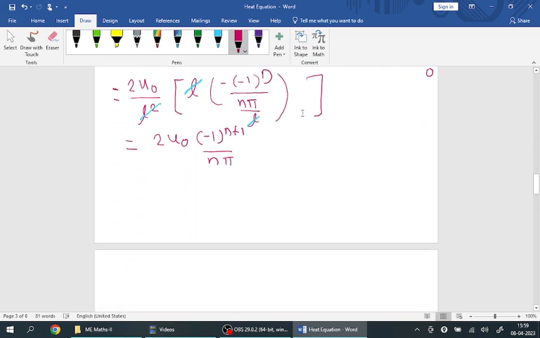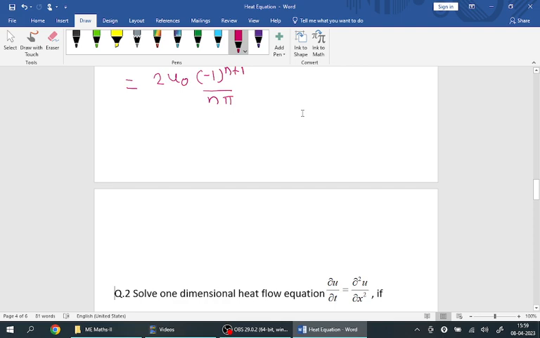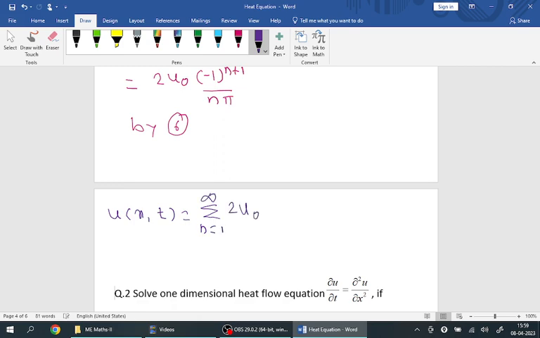By 6, u of x,t is equal to summation n varies from 1 to infinity, where the value of C2 we got as 2u0 minus 1 raised to n plus 1 upon n pi.